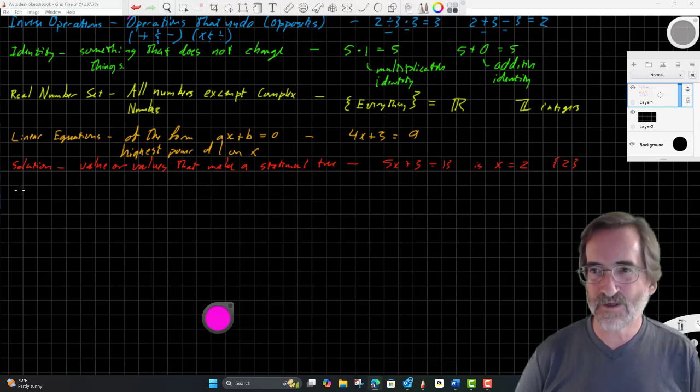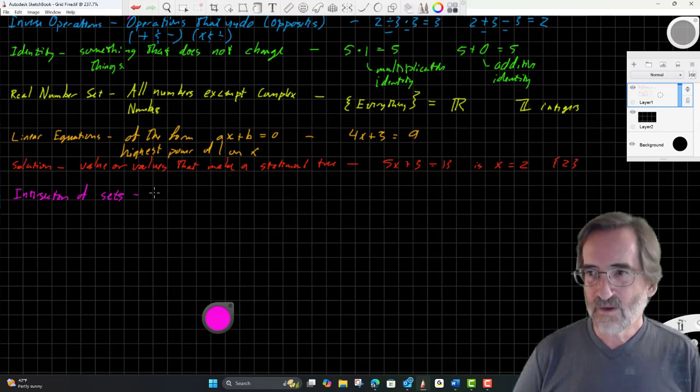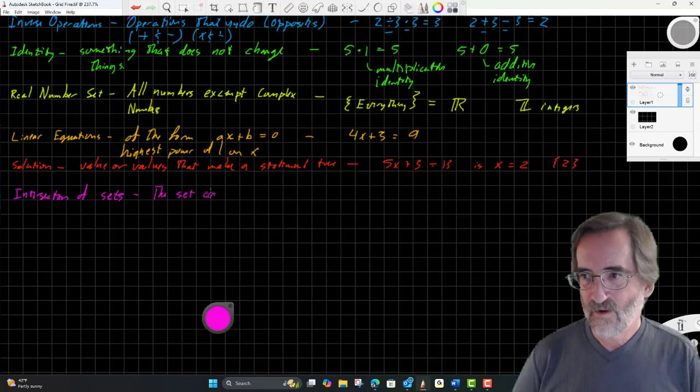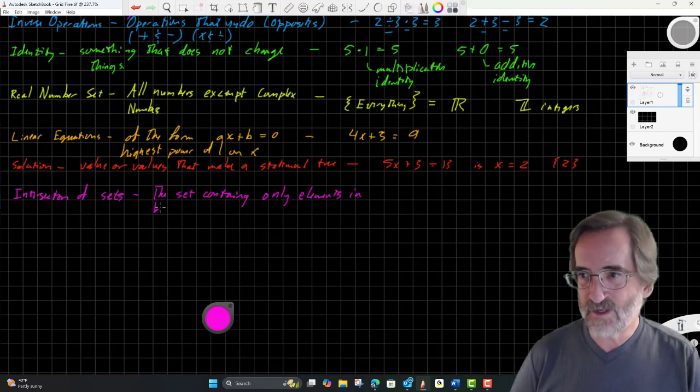Intersection of sets. The set containing only elements in both sets.